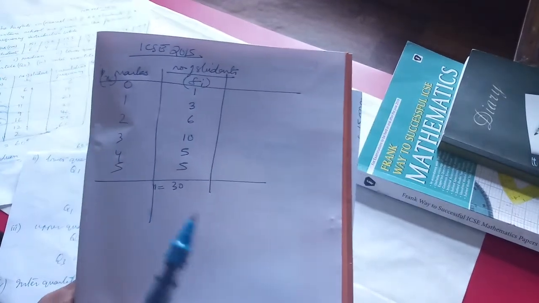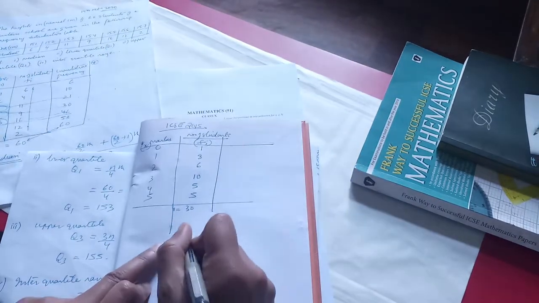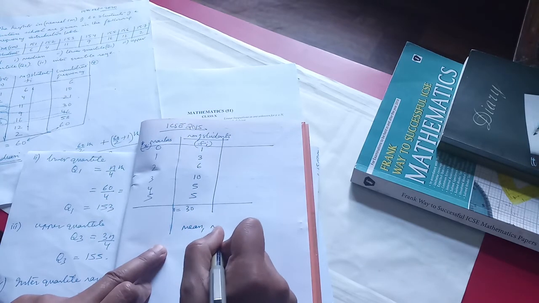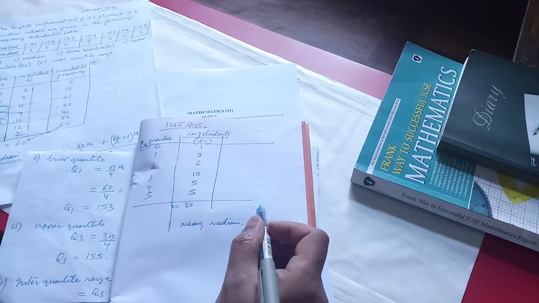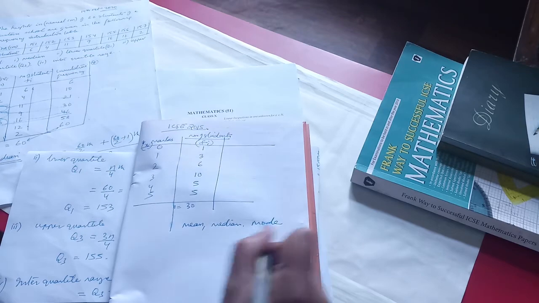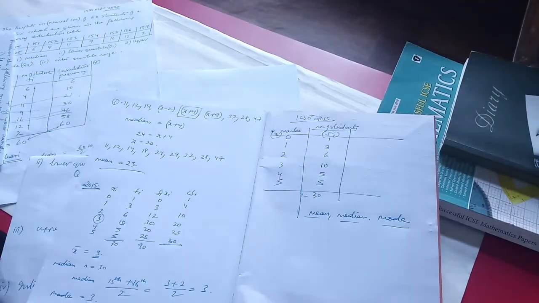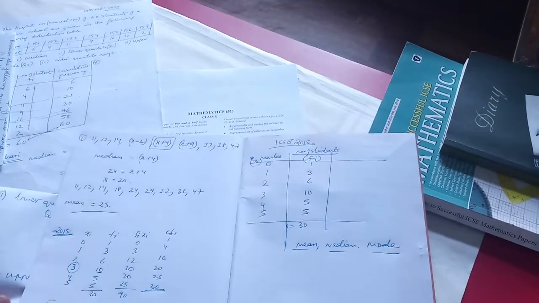Now you have to find the three things here: mean, median and mode. Now this is a very simple one. To find the mean, we have done this.